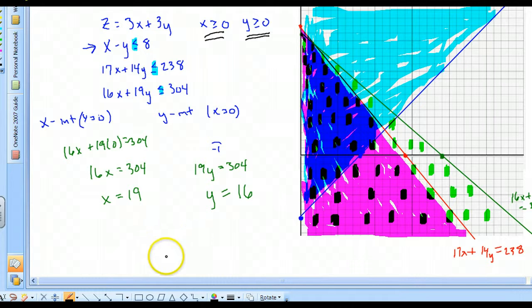So because of that, I'm going to shade in our boundary. y has to be greater than 0, so that's along the x-axis. So there to there, and then there to there, where the blue line and the red line intersect.